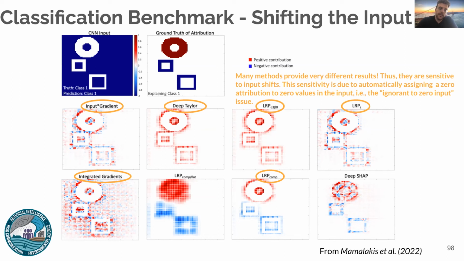And looking into this issue, we found out that this sensitivity in this case is due to the fact that these methods automatically assign a 0 attribution to a 0 value in the input. And because in the shifted input the frames, as I said, have values of 0, these methods by construction assign a 0 attribution to all the frames, as you can see.